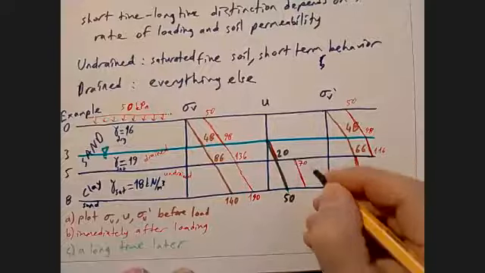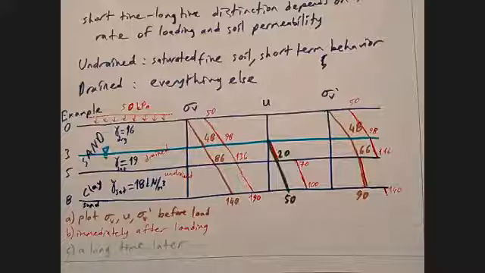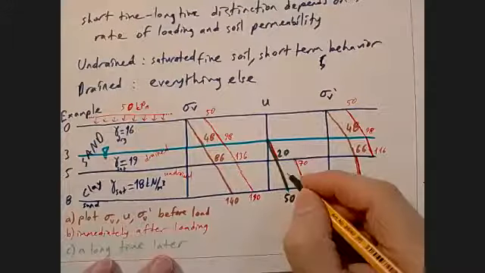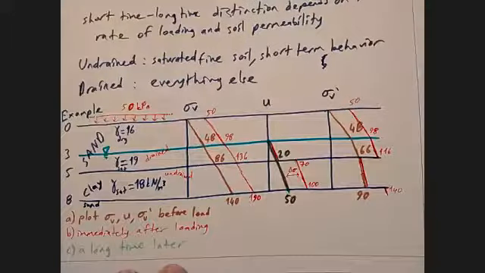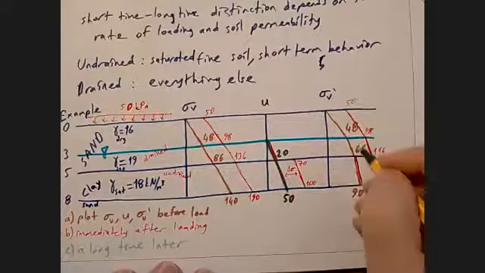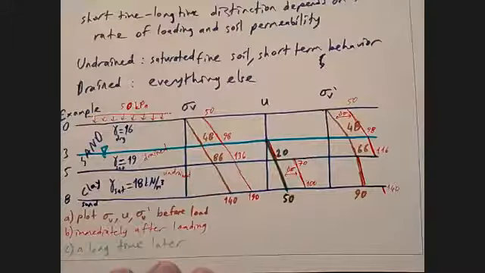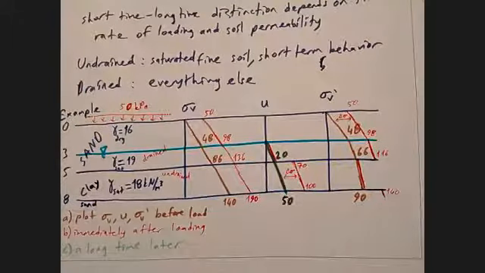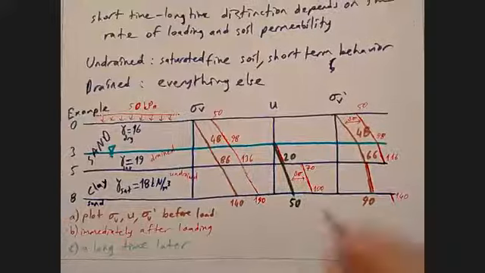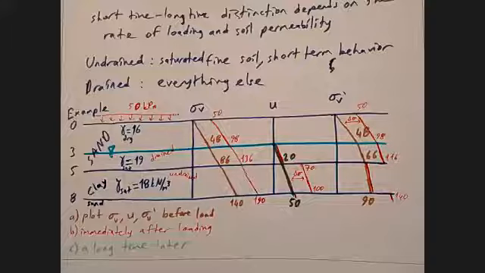So here it is 70, here it is 100. So here is your change in stress taken by the water. And here in the sand, in the drained behavior, your change in stress is taken by the effective stress. And of course, it is able to continue from here if you have a sand layer at the bottom as well.